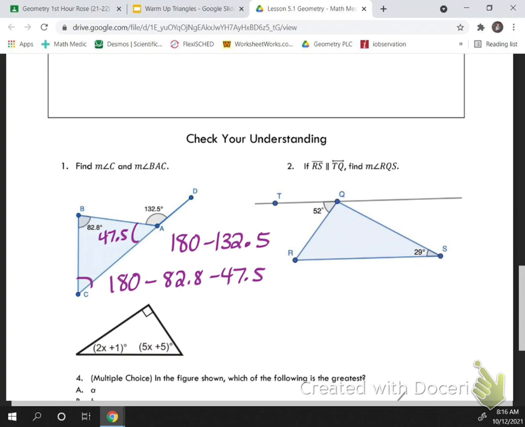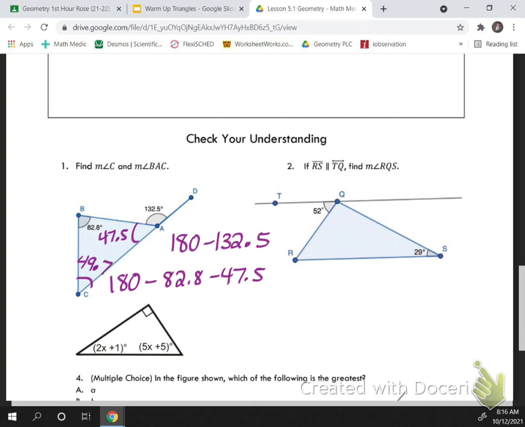Do that now. We'll figure out that angle. What did we get? 49.7.